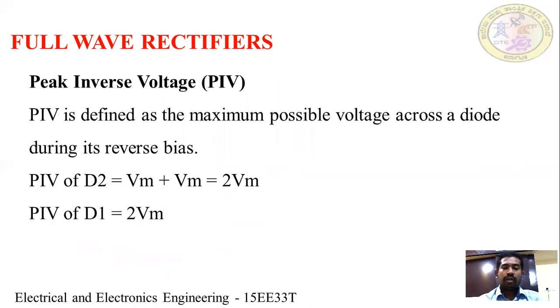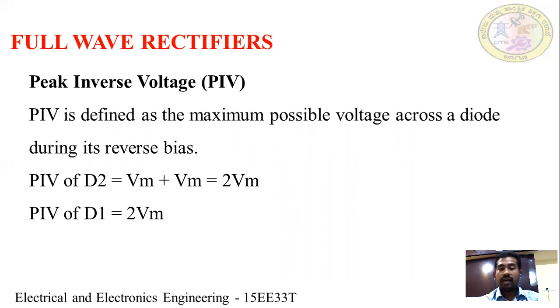And if you come to the peak inverse voltage, that is the PIV rating of the diode, the PIV is defined as the maximum possible voltage across the diode when it is under reverse bias condition. PIV means peak inverse voltage.